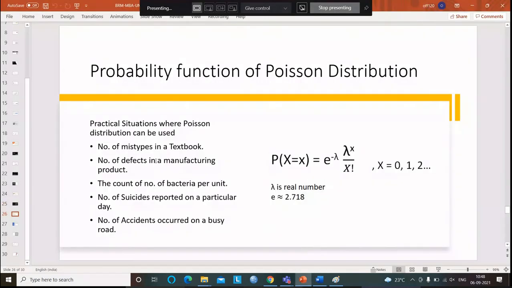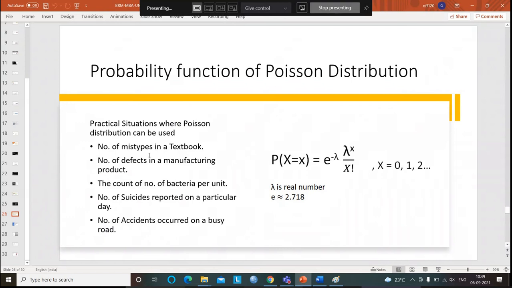Let us see here, number of mistypes in a textbook. A textbook consists of n number of words, an uncountable set of words. Per page itself, we can find hundreds of words. Out of which, do we find any mistakes in a textbook? Not all the time. It's a very rare case.